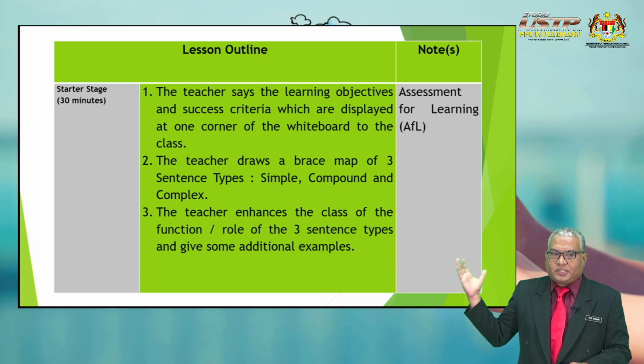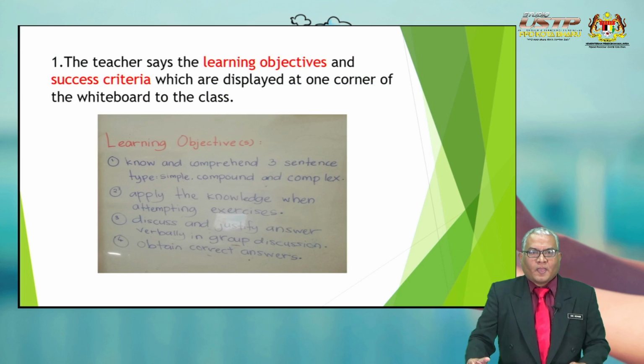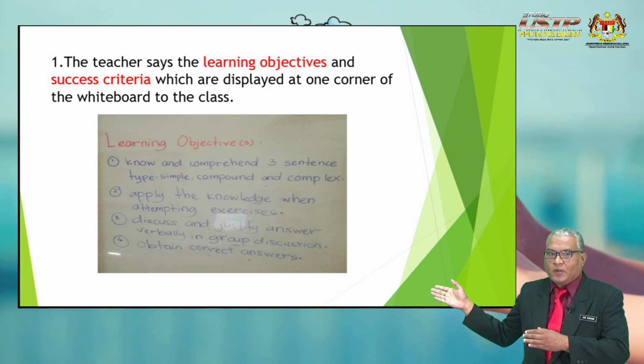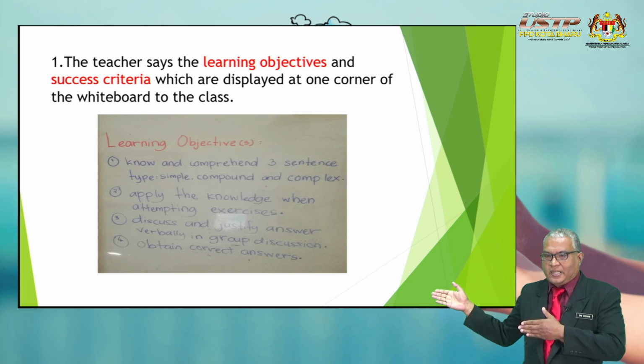On the starter stage, about 30 minutes in our lesson outline, the teacher says the learning objectives and success criteria, which are displayed at one corner of the whiteboard, to the class. These are the examples.